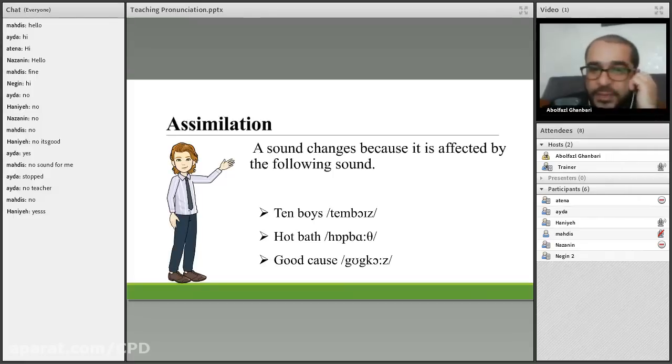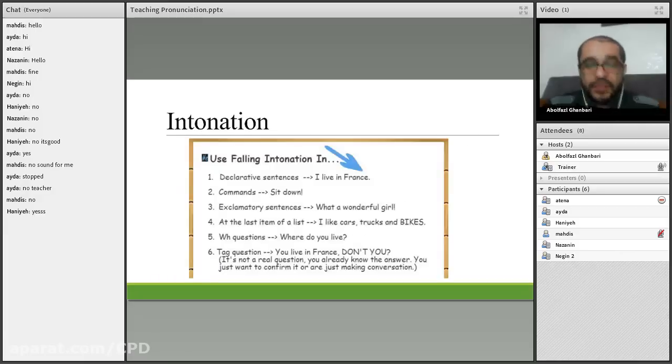No. Assimilation is changing the sound, like "ten boys," which is changed to "tem boys." Yeah, "hop bath." Good cause. It is assimilation. However, we should practice them with the learners in MFE. It is not a matter of vocabulary and grammar in function. We should practice with the learners.